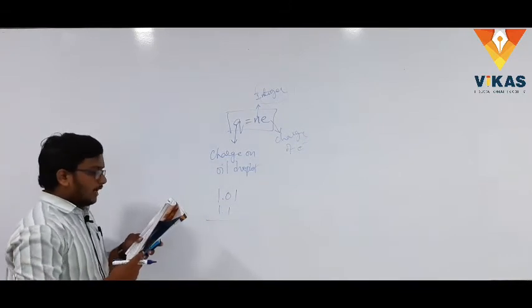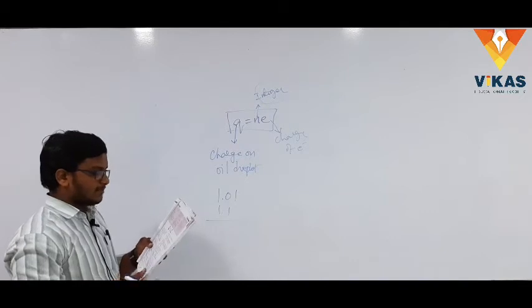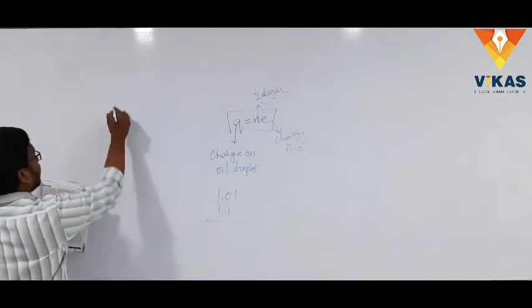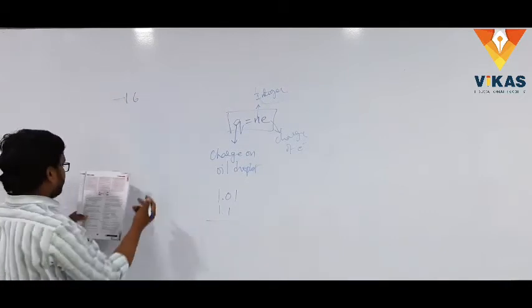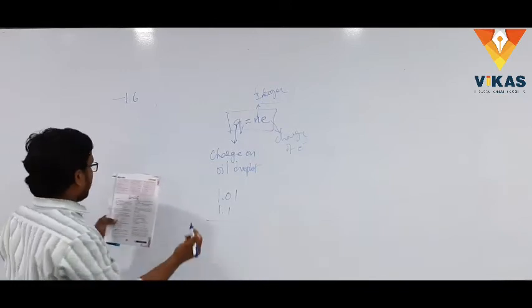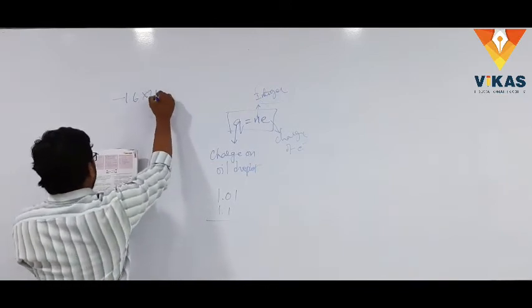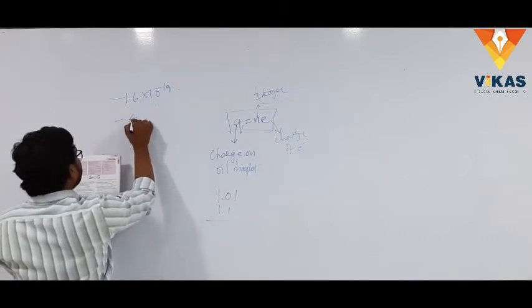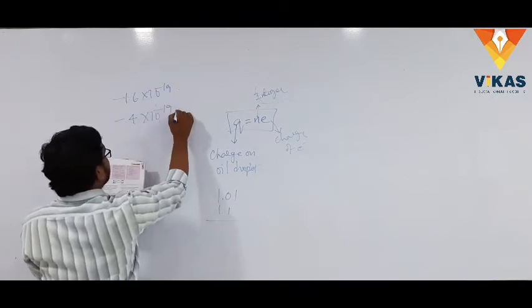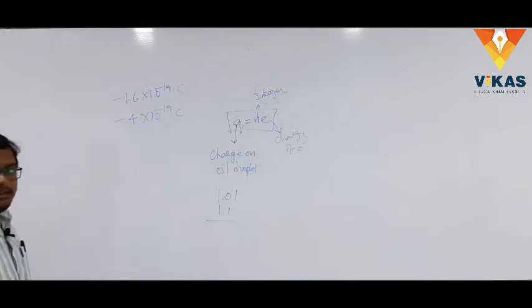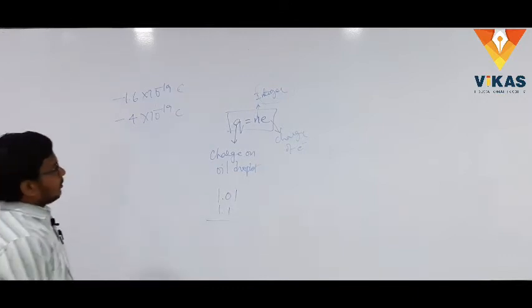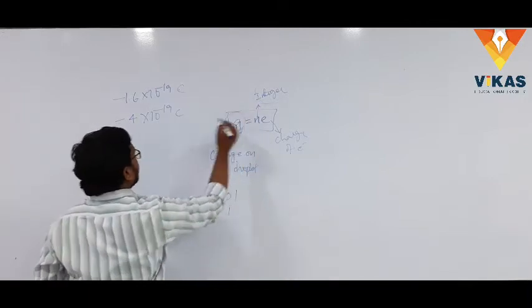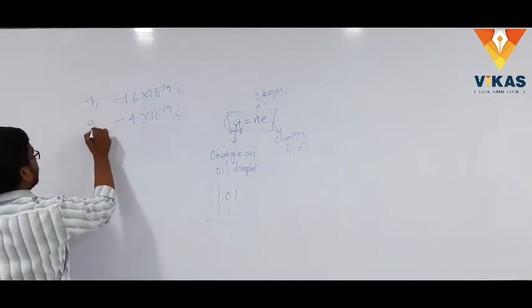Right. So, the values of charge on the oil droplets experimentally observed were, on two oil droplets, 1.6 into 10 to the power of minus 19 and minus 4 into 10 to the power of minus 9 coulomb. This is what they observed on the two oil droplets. So, they are giving the Q values, Q1 and Q2.